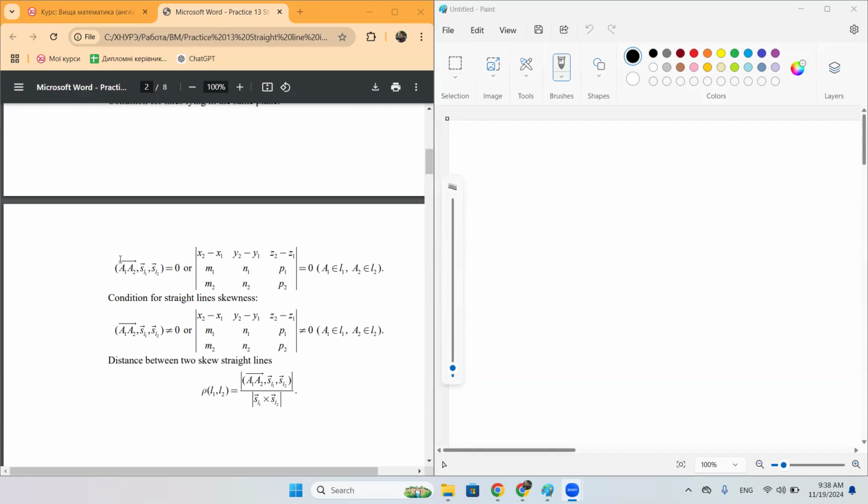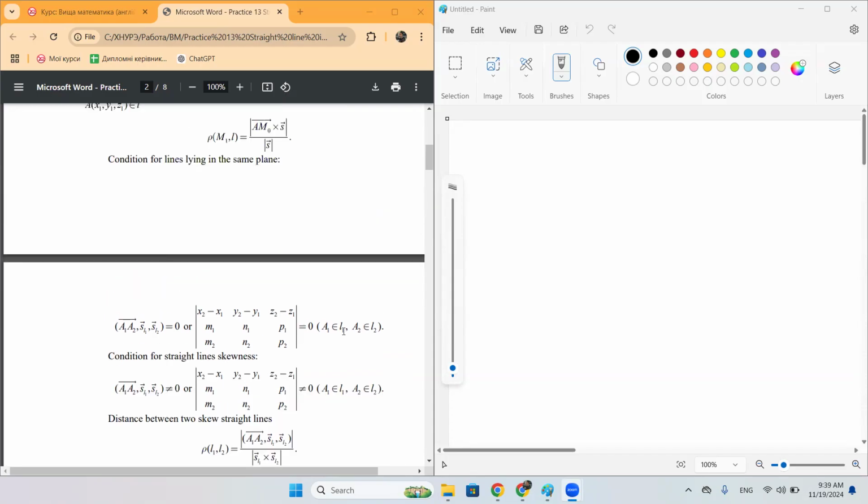So by checking this mixed product of these three vectors for 0, we can verify if these two straight lines are in the same plane or if they are skew.